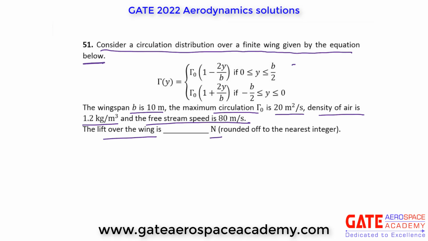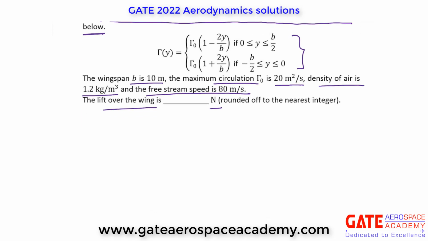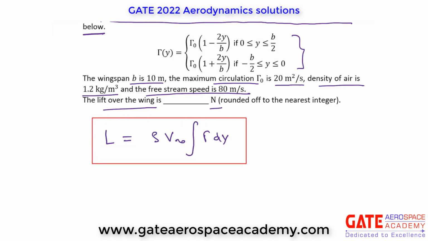So this is the expression for circulation gamma. Now we know that lift is equal to rho free stream velocity V infinity integration of gamma over span. So we can substitute the value of gamma circulation and we can integrate it over the span.